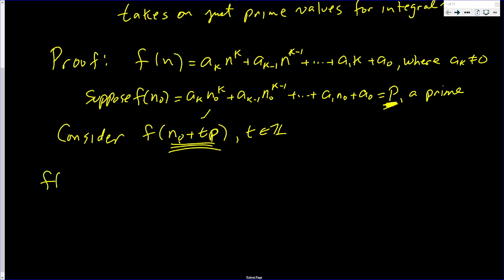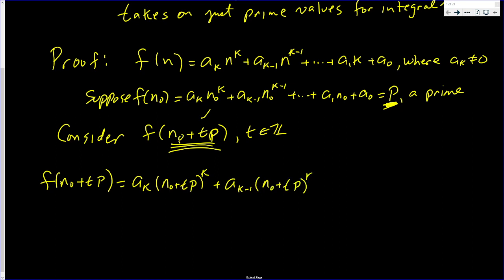So f of n0 plus tp is going to be a sub k times n0 plus tp to the k plus a sub k minus 1 times n0 plus tp to the k minus 1 all the way down to a sub 1 times n0 plus tp to the 1 plus a sub 0.